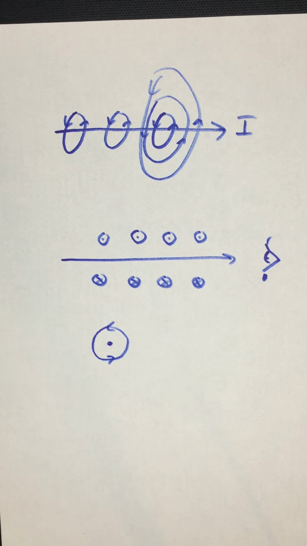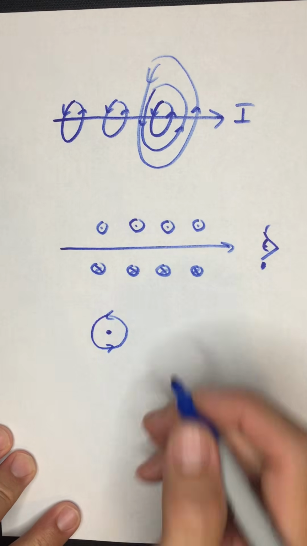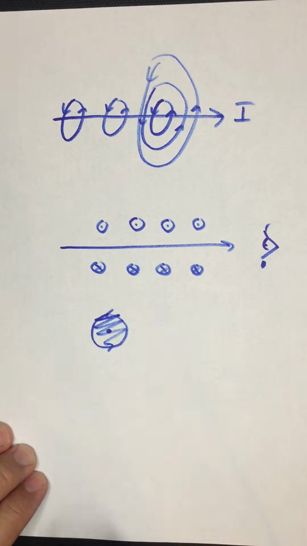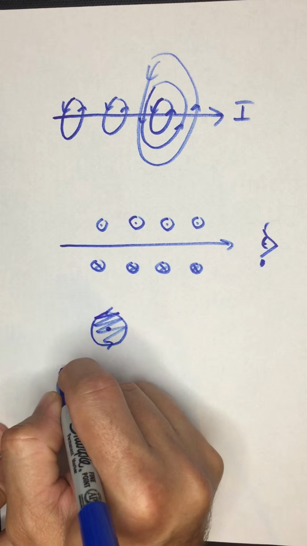How do I determine the direction? Well, it turns out there's another right-hand rule for this. It's not the same right-hand rule that we've been using. It's actually a little bit simpler. We're going to see this rule several times, and so I'm going to give you my most general expression of this rule.